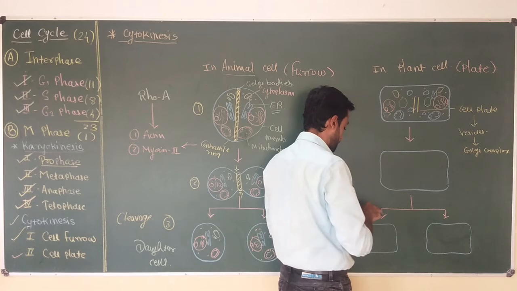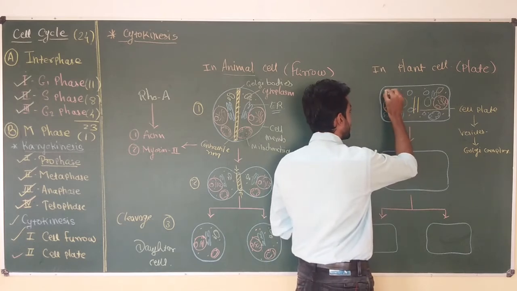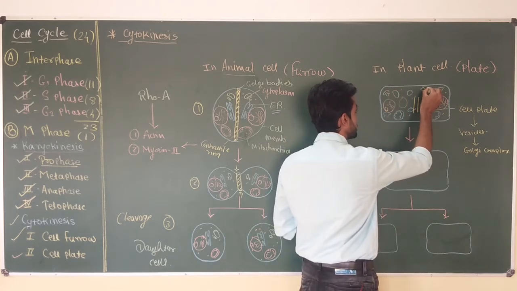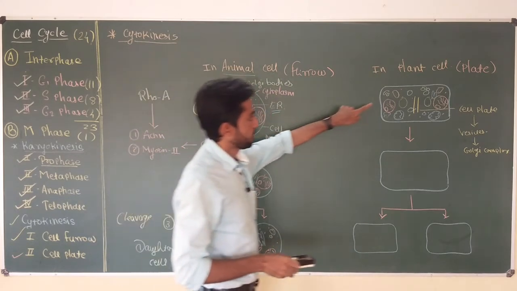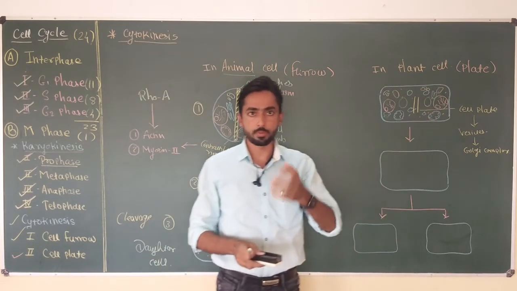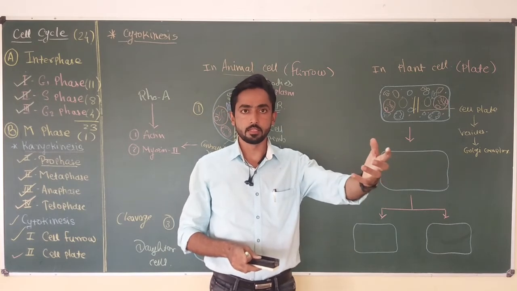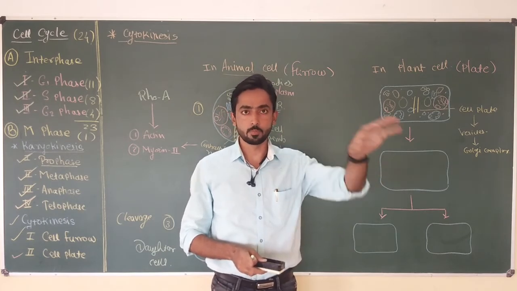Okay, suppose the plant cell has Golgi apparatus or Golgi bodies, an organelle which is also present in animal cells, and we know that the main function of the Golgi apparatus is delivering proteins inside vesicles to different organelles.